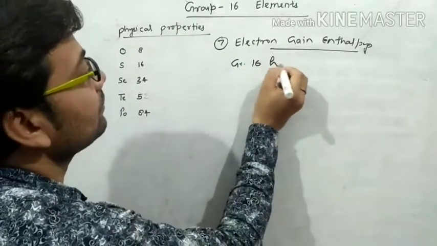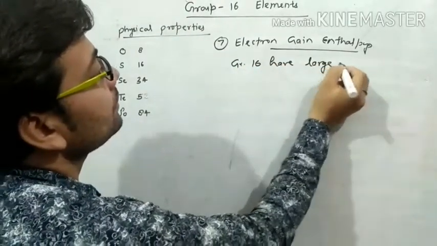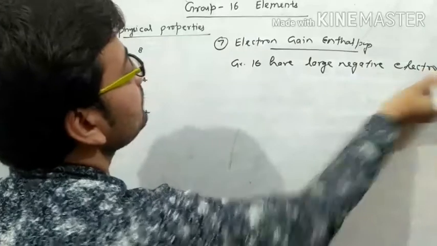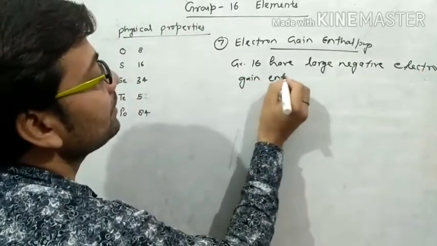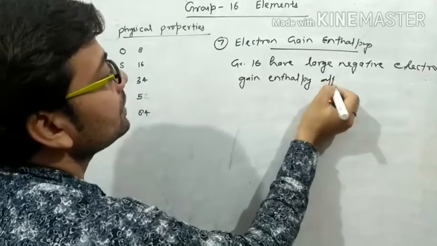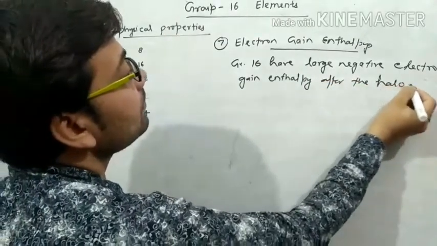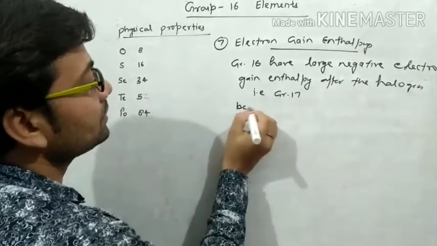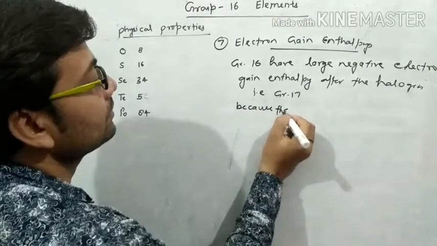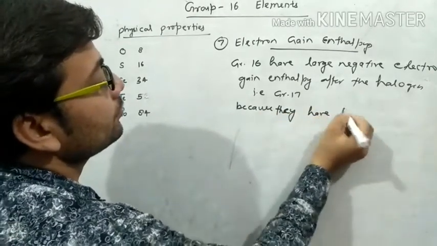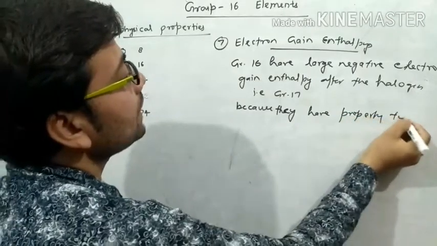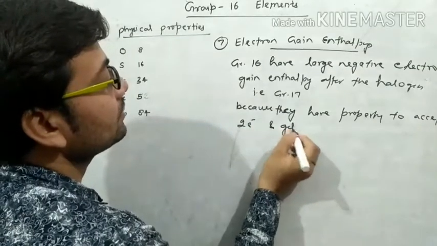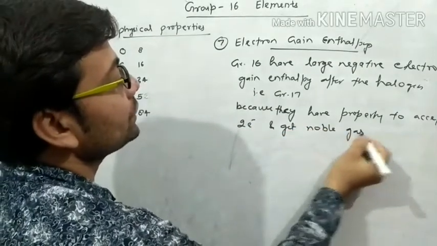Group 16 elements have large negative electron gain enthalpy after the halogens, that is group 17, because they have the property to accept two electrons and get noble gas configuration.